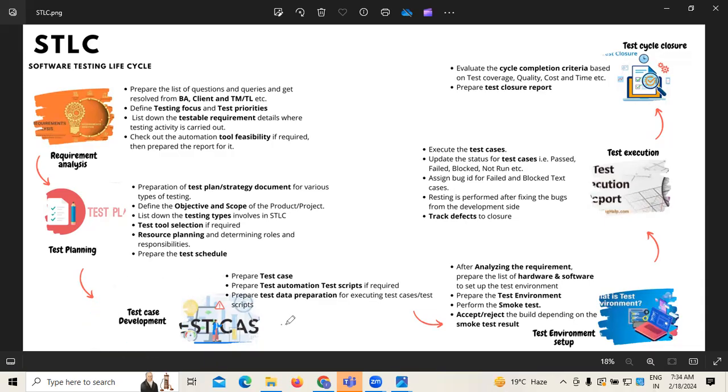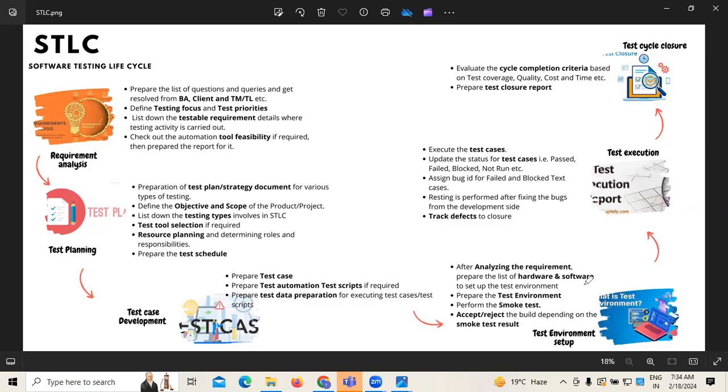Once the test case development is done, the next is test environment setup. Test environment setup means we have to create an environment with whatever hardware and software we require. Once we are analyzing the requirements, we need to list out all the hardware and software, whatever is required, and set up all that.